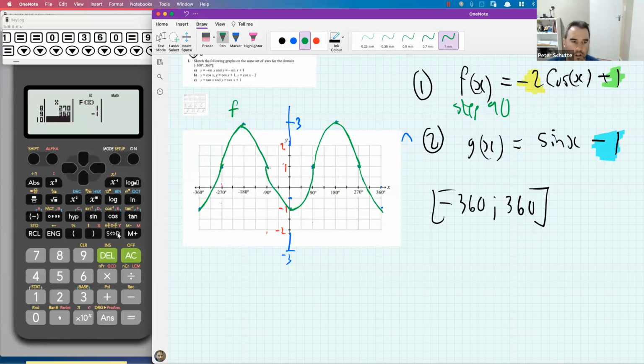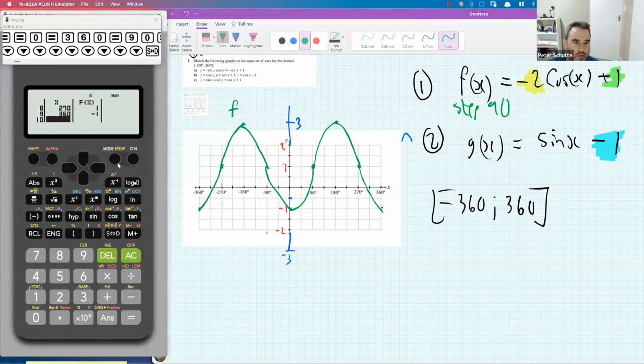Okay, let's just do this last bit here now. Let's go to mode, table, and put in sine of x, close brackets, minus 1. And I'm going to start at minus 360. Actually, let me go back here.